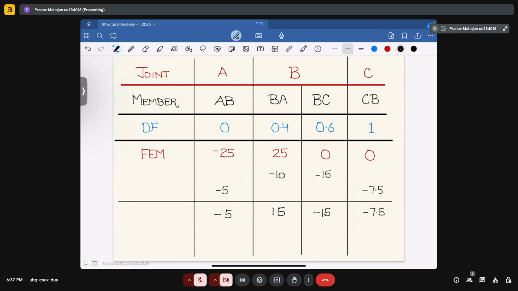Okay, now in this you can see that joint C will have 0 moment. So for this case, if we add the plus 7.5, that will give the carryover of plus 3.75 in the BC.